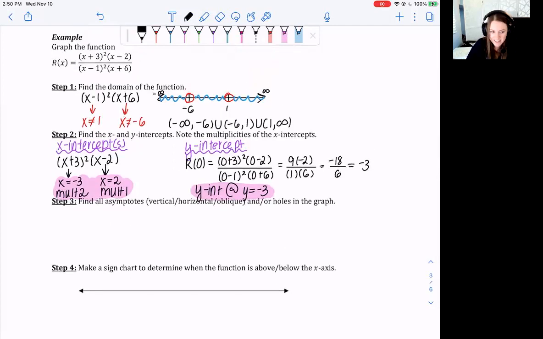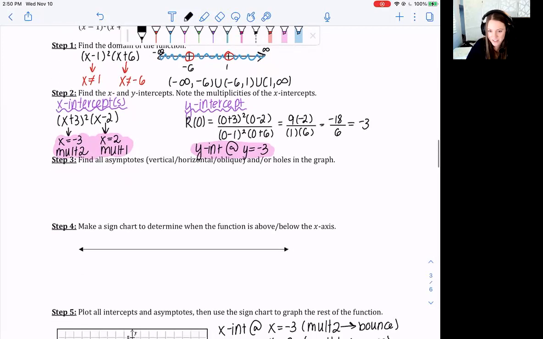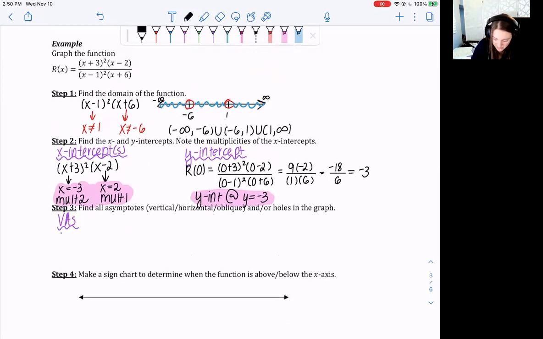Next, finding all the asymptotes. We need vertical. We need to figure out if there's horizontal or oblique. And then there are no holes in the graph. We know there aren't any holes in the graph because nothing canceled. So vertical asymptotes first. We're looking at the denominator. So we have x minus 1 quantity squared times x plus 6.